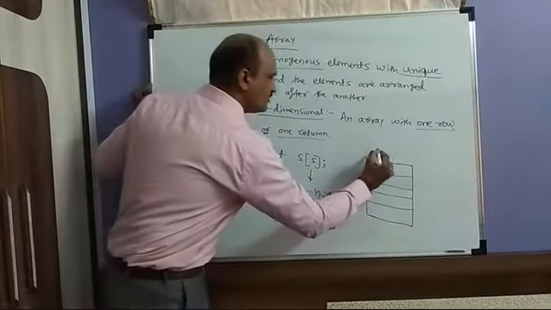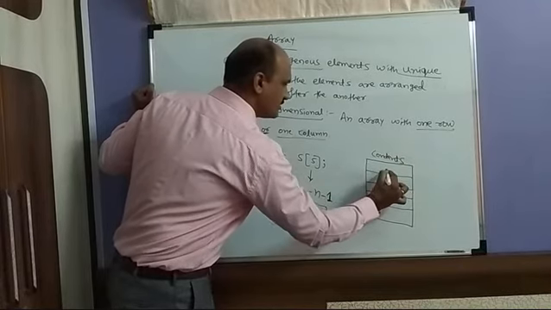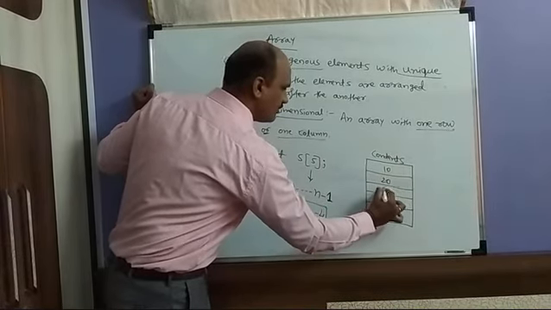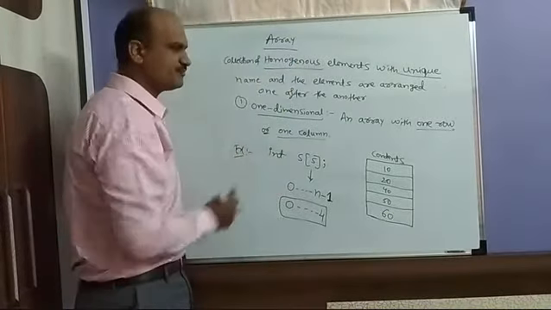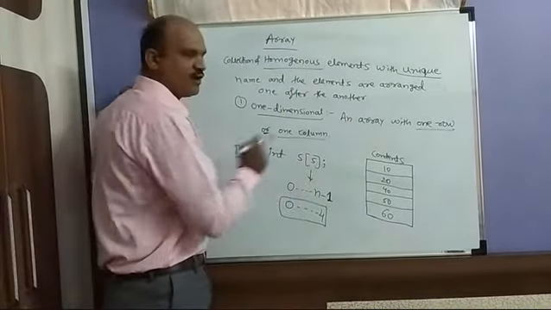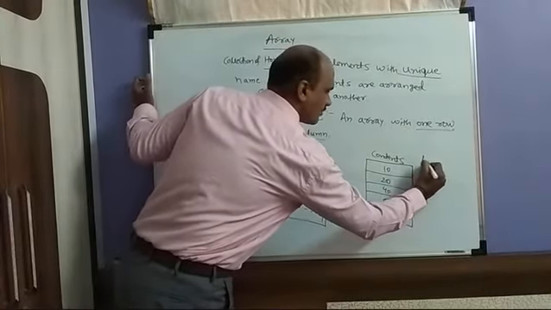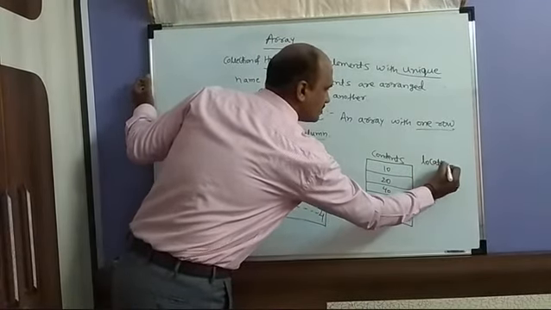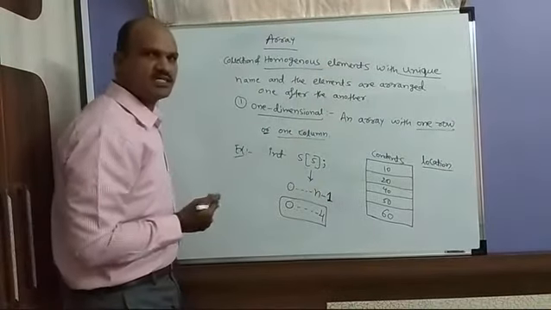These are the contents. I will use some contents: 10, 20, 40, 50, 60. These are the contents of this array, 5 elements. Then there are locations. Location means where the item is present, in which location it is present.